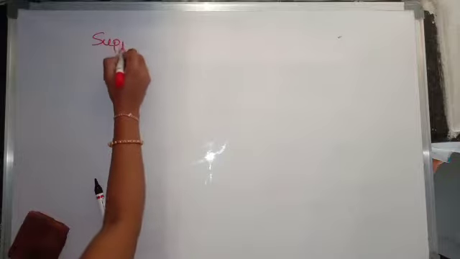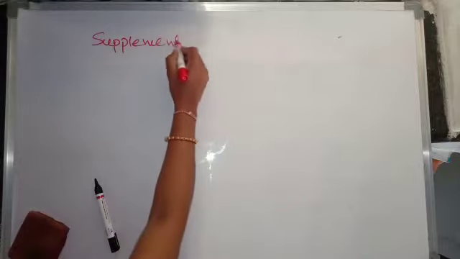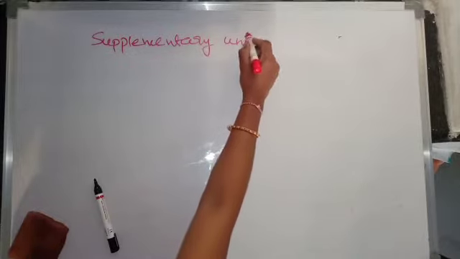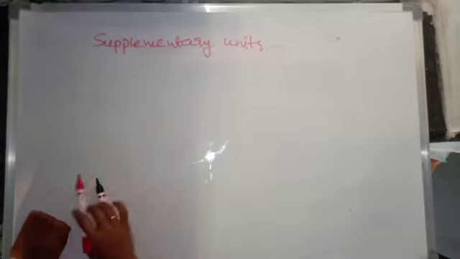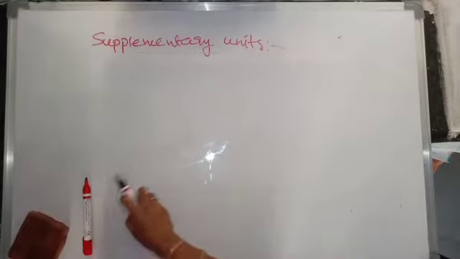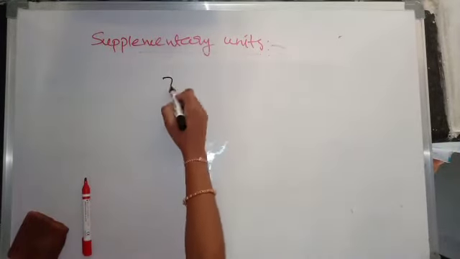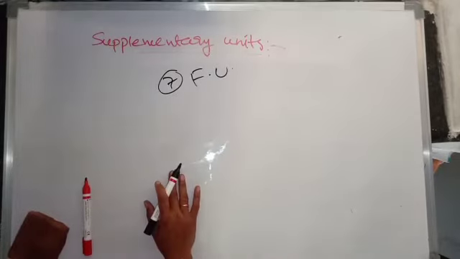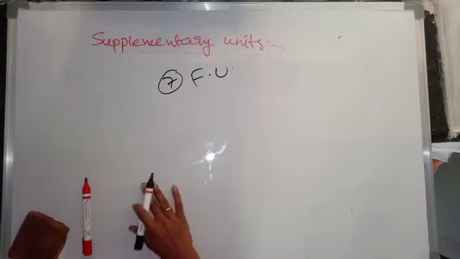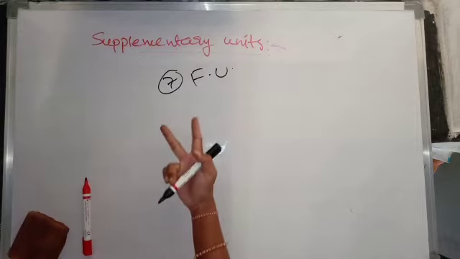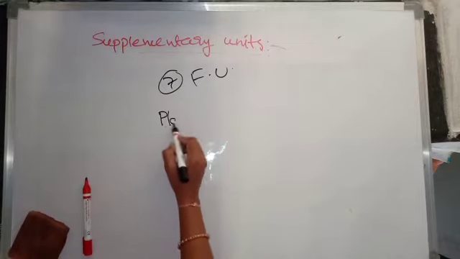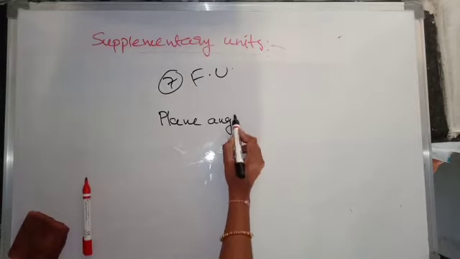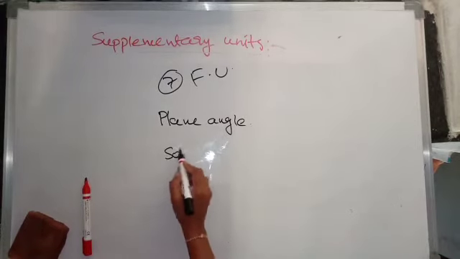Before explaining the dimensional formula for some other physical quantities, I want to explain supplementary units. What are supplementary units? I didn't explain them in our last classes. Besides the seven fundamental physical quantities, we also have two more physical quantities: plane angle and solid angle.